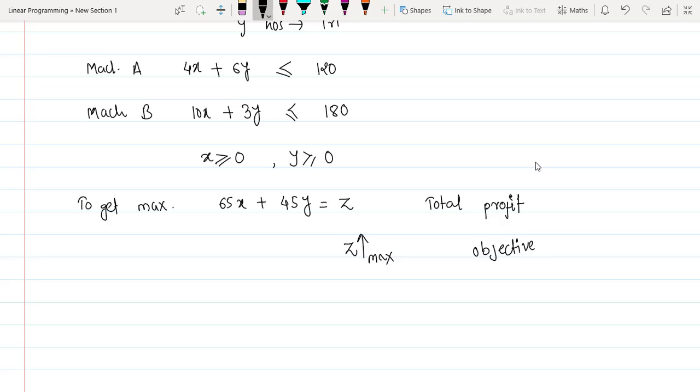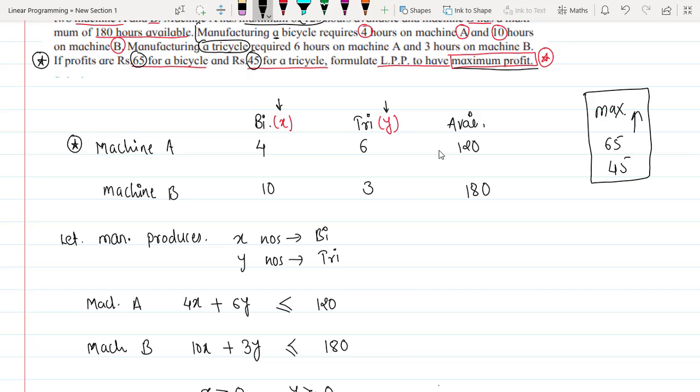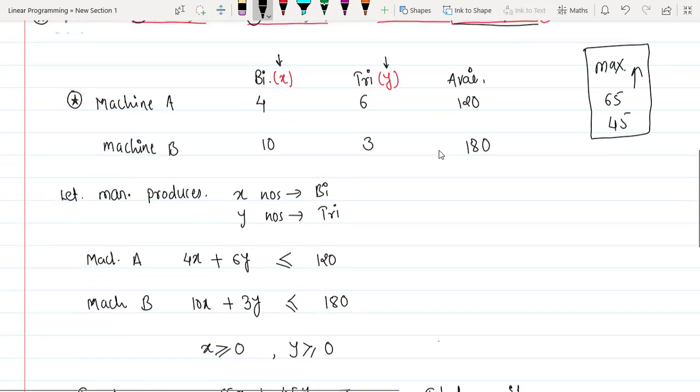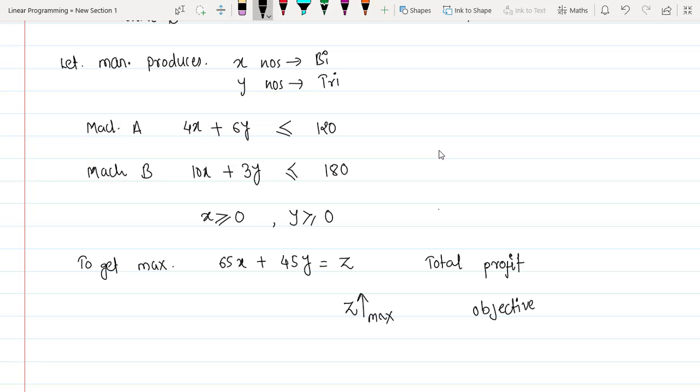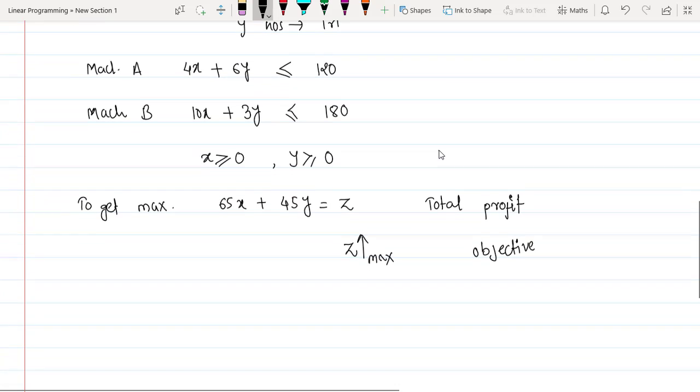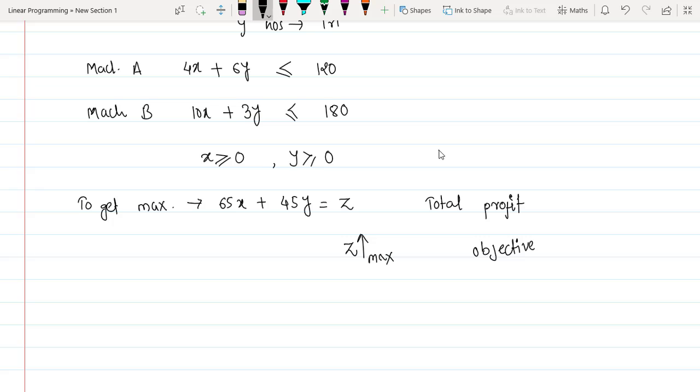Okay, cool. So that's how we formulate the total linear programming problem. So still we have not solved for the number of bicycles and tricycles the manufacturer needs to manufacture to get the maximum profit, but we have formulated the linear programming. So the equations that are very important in this case are, the first one, the maximum profit. This is the second one, the third one, and these are the fourth ones.